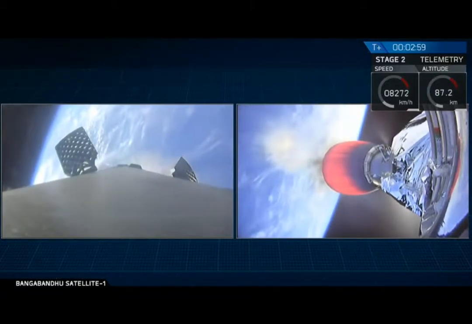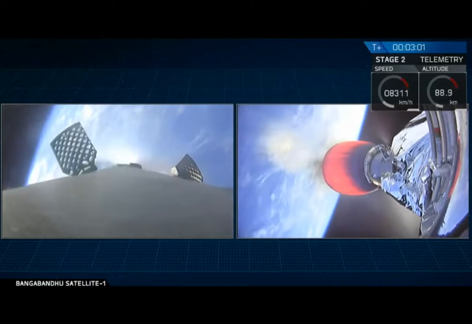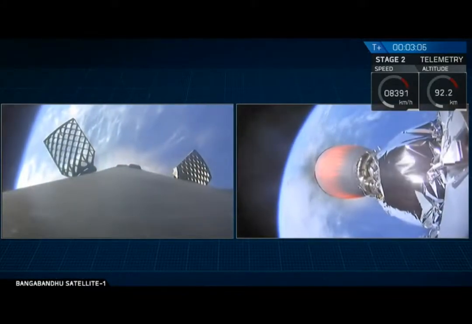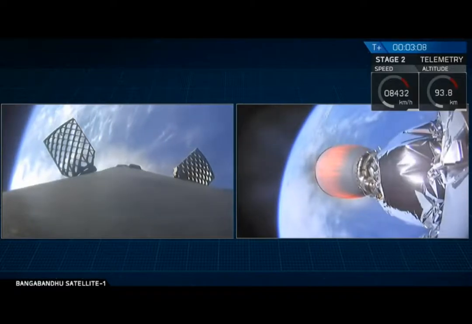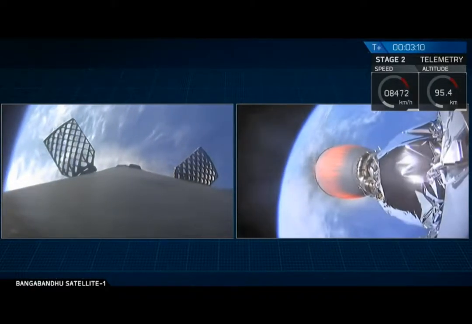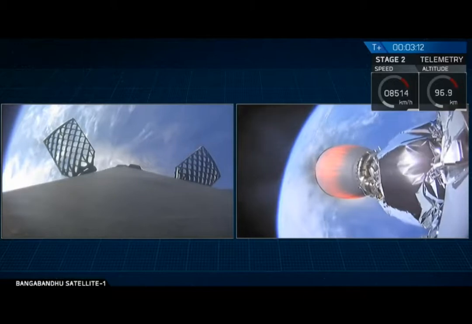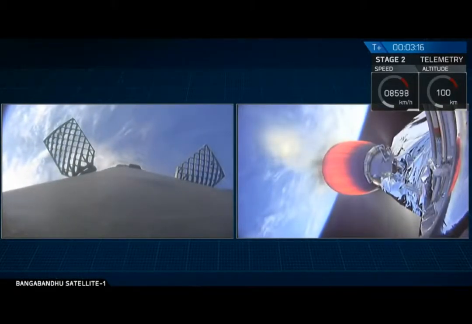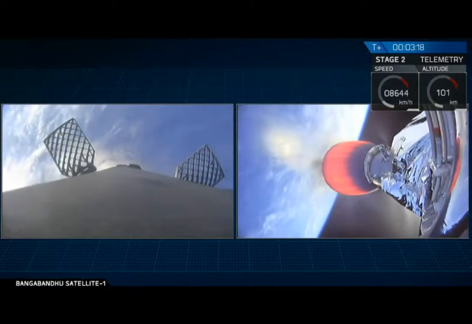Our next major event is the fairing deploy, coming up just a few seconds from now.